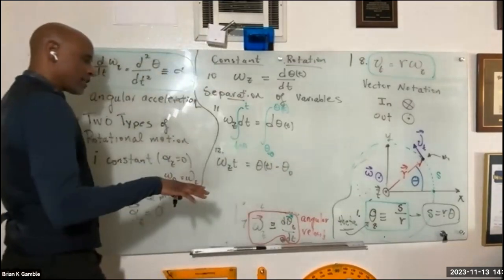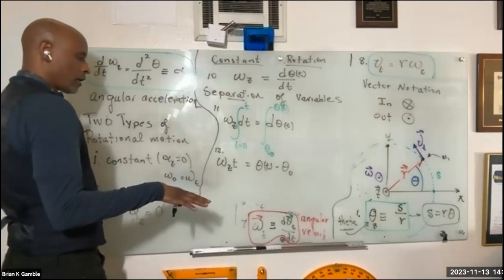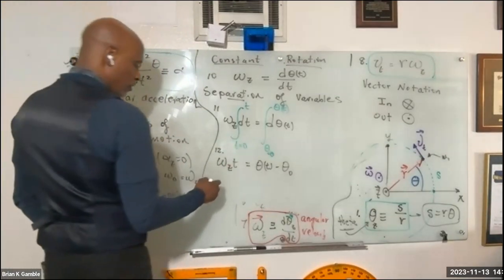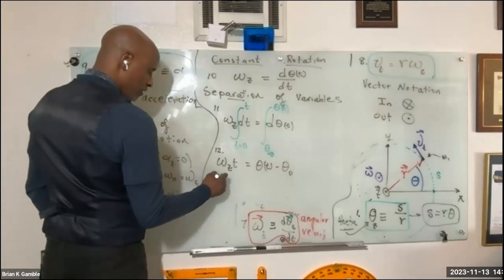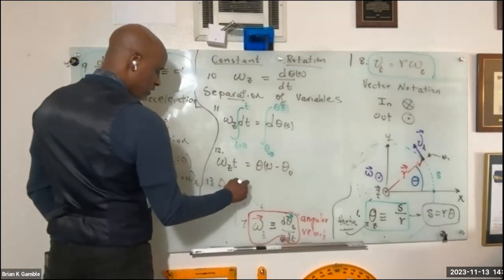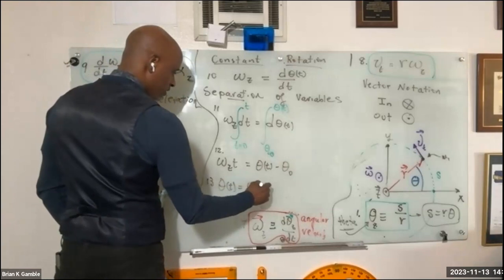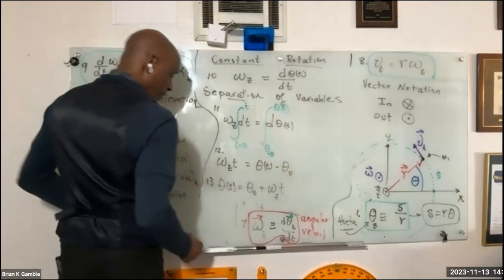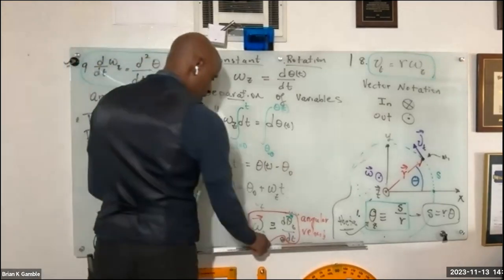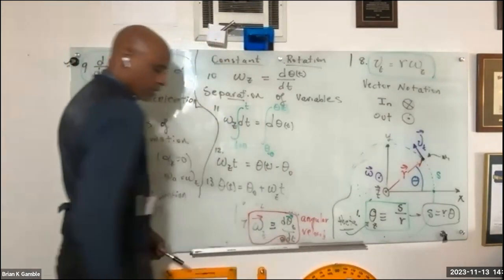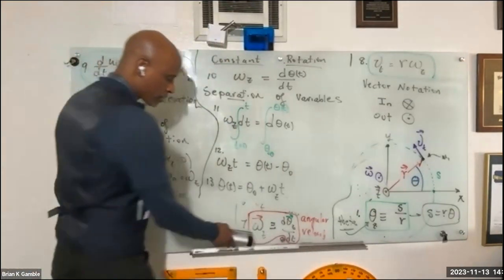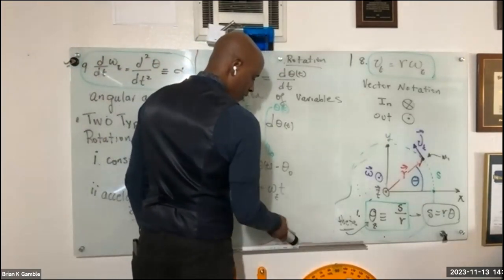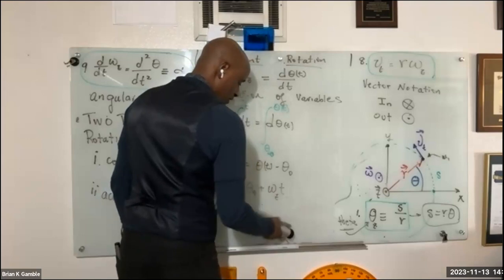And if I solve that for position, theta of t, look at what I have. Theta of t is equal to theta naught plus omega z times t, which is what you expect, right? Because that mimics the comparable linear equation for constant velocity or average velocity.